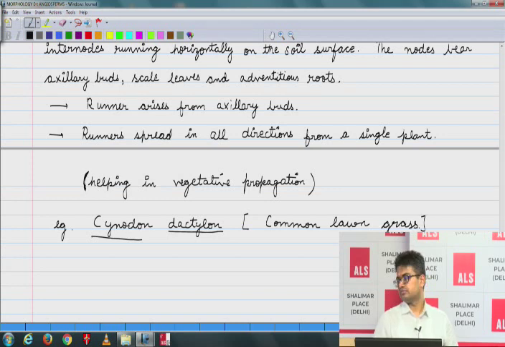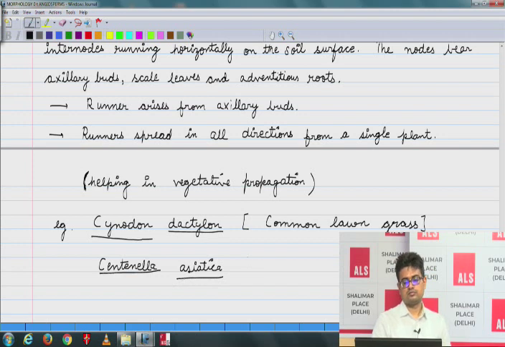Then there is Centella asiatica. It's commonly called Brahmi in Hindi.